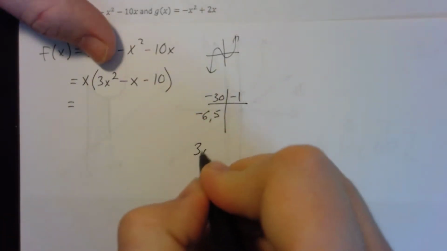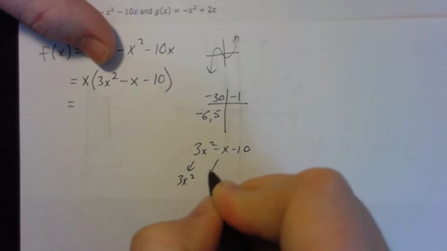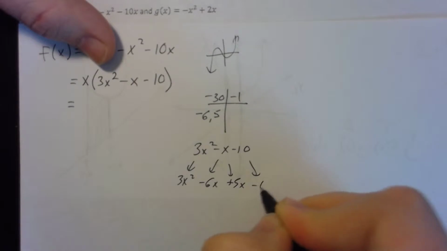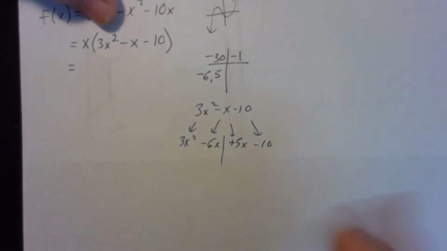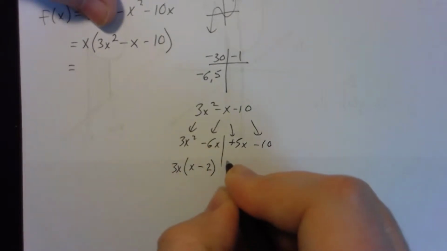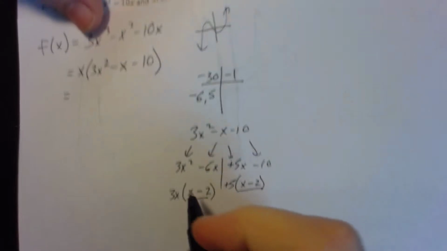Now, if you've forgotten how to factor this, I'm going to show it very quickly here, so that I have 3x squared minus 6x plus 5x, and then minus 10. Then I'm going to use grouping by factoring out 3x, giving me x minus 2, and factoring out a 5, giving me x minus 2. Again, if these two things aren't the same, then this doesn't factor appropriately.